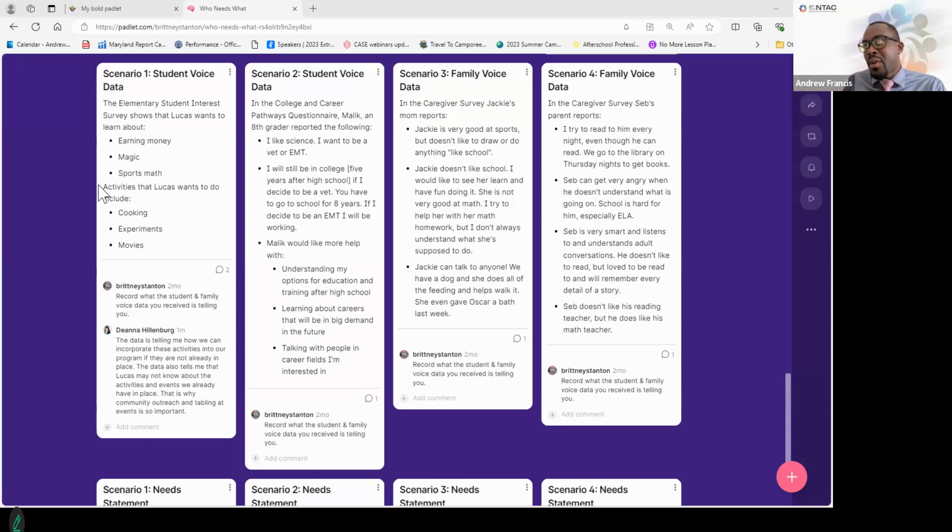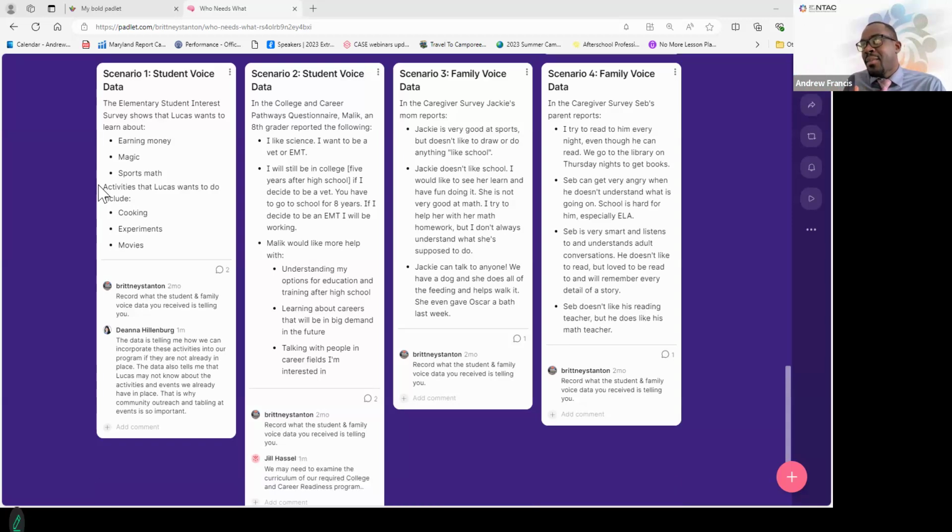For scenario 2, I'd say, pretty much questions around, obviously he likes science and wants to be an EMT, right? But also making connections with what he may be doing at school already.